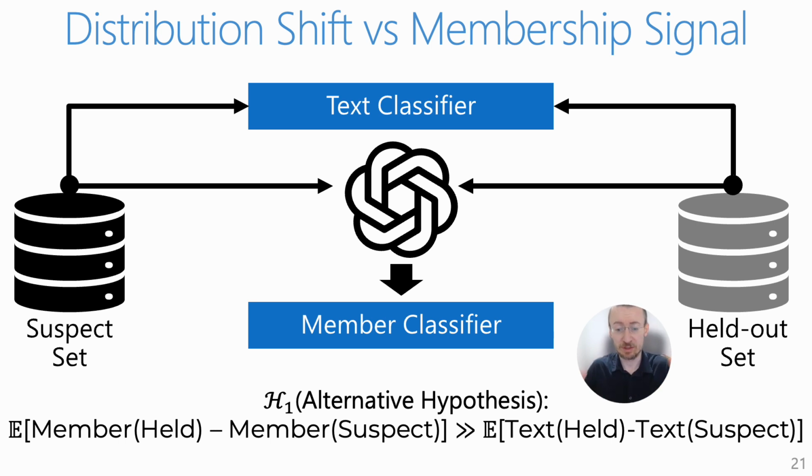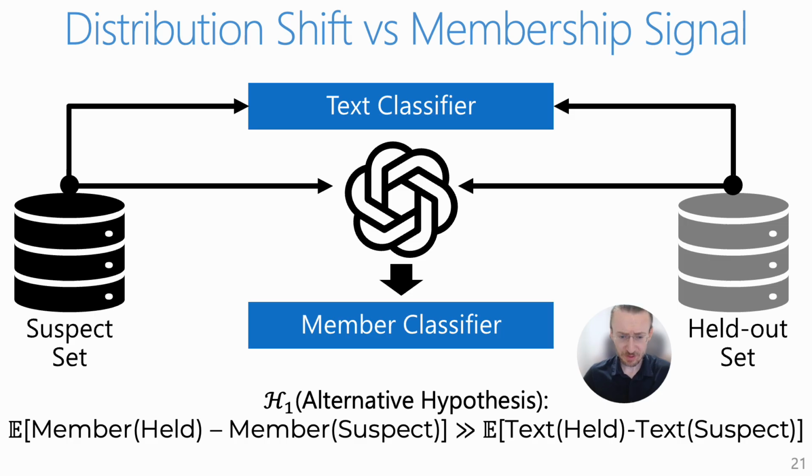So these different classifiers, member versus text, they should differentiate between held out and suspect set differently only if the suspect set was seen by the given suspect model, in this case this LLM.